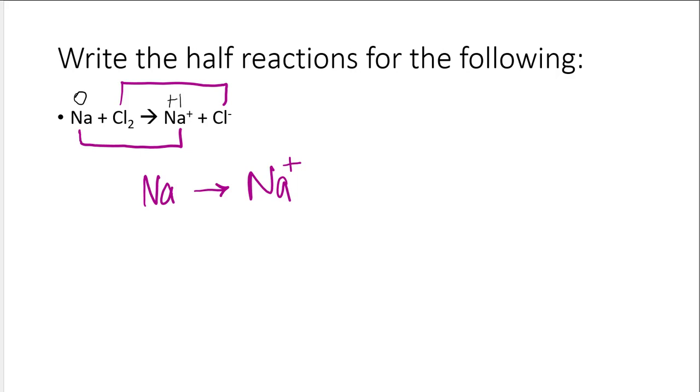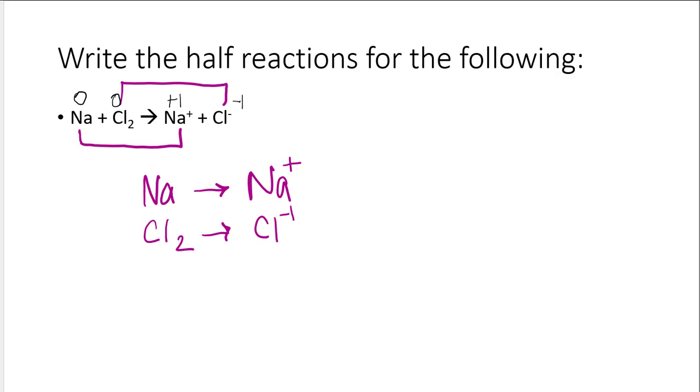What I also notice is that my chlorine started at 0 because it is in molecular form neutrally, and it then turned into a -1 charge over on the right on my product side. So if we were to write that half reaction, I have Cl2 on my reactants, and I have Cl⁻ on my product side.